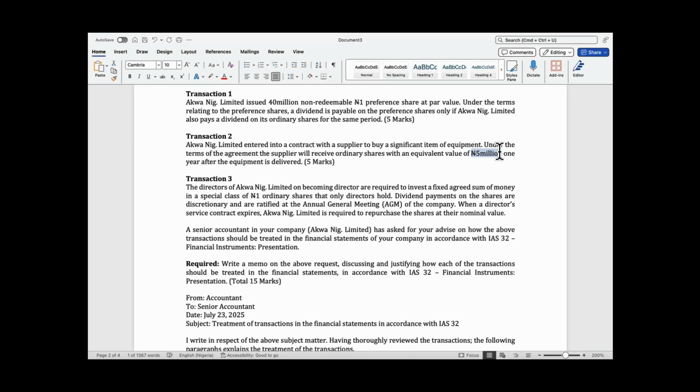No. We will need to discount the 5 million to present value because it is a future value. In accounting, any payment that goes beyond 1 year, if you want to recognize it in your books, you need to discount it to present value. So we need to get the present value of this 5 million, and that's what we're going to recognize in our books.